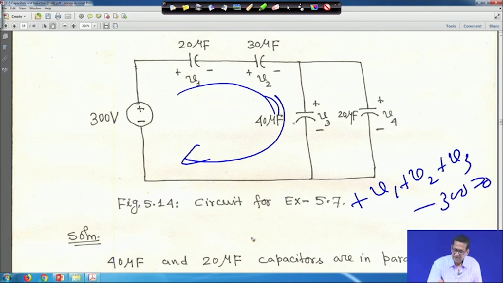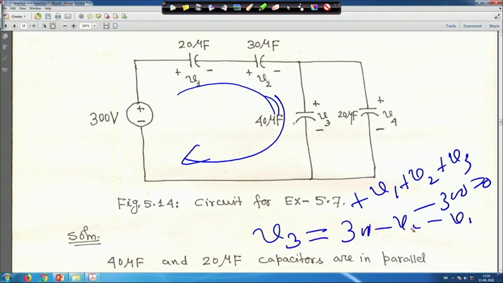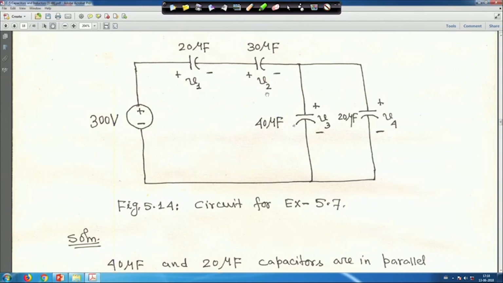That means my V3 is equal to 300 minus V1 minus V2, right. And these two capacitors are in parallel. That means V3 is equal to V4, right, because these two are in parallel. So, go to that calculation.